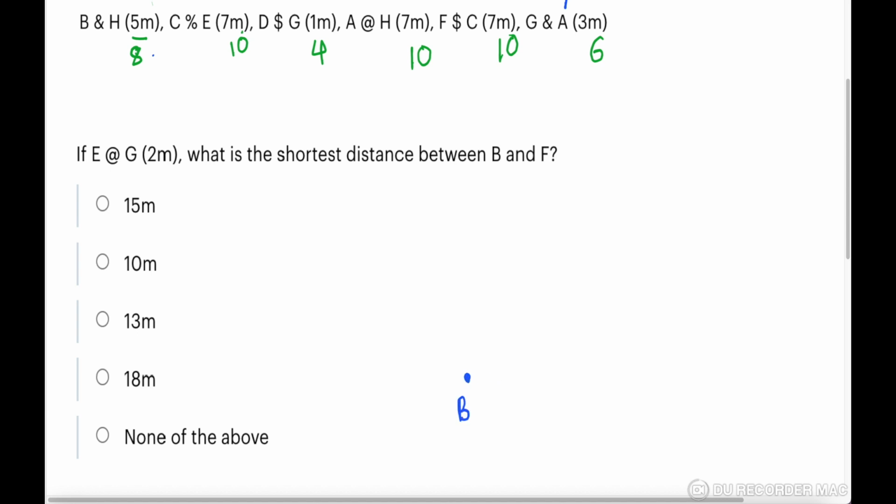B, excuse me for my drawing. Yes, so B, here H, and here you have 8.